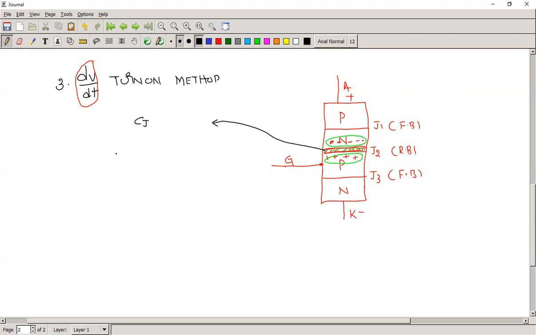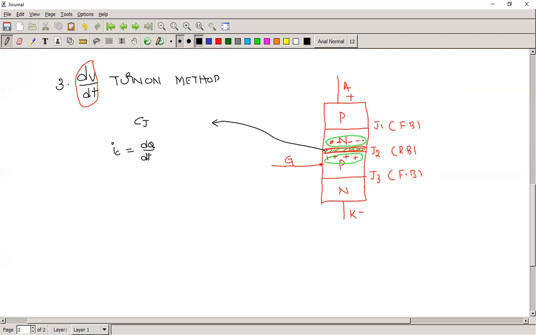Now the current passing through the capacitance is, by the formula, IC equal to dq by dt. This is the general expression for the current.